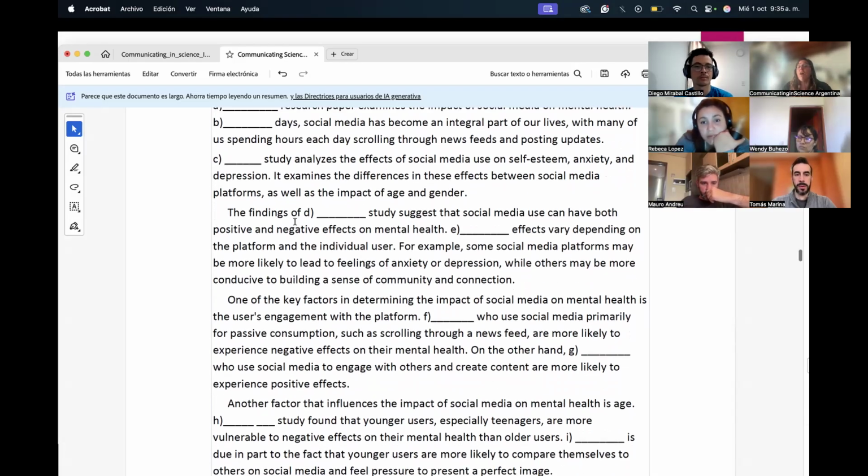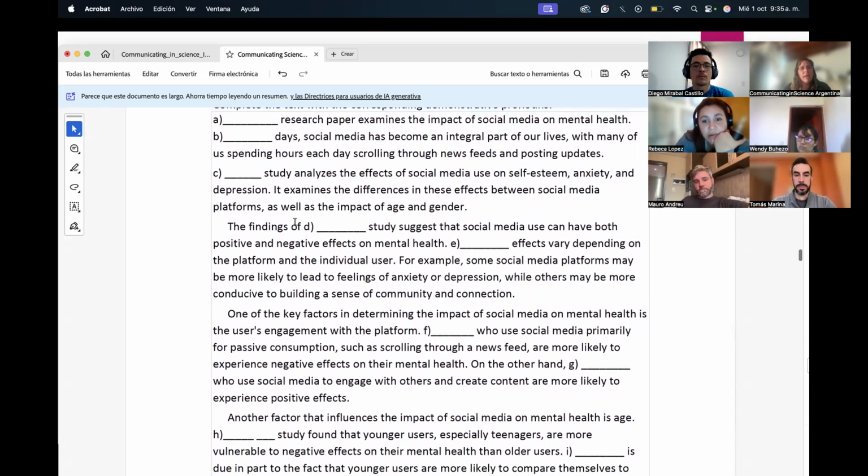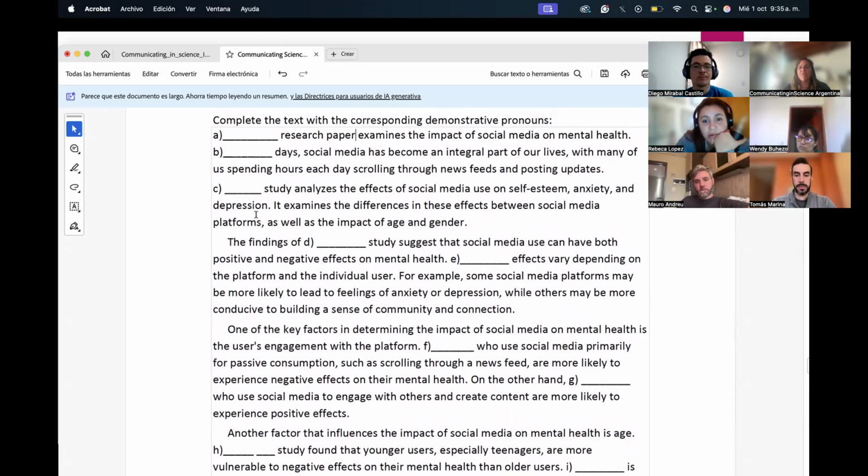The findings of this study, keep in mind, if we know that it's singular, both could fit. In this case, I think we are referring to this particular study. This study suggests that social media use can have both positive and negative effects on mental health.